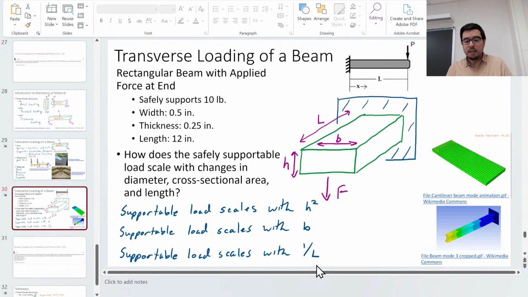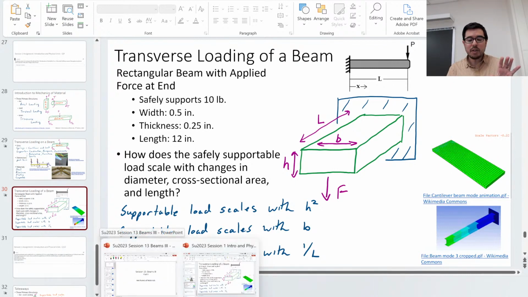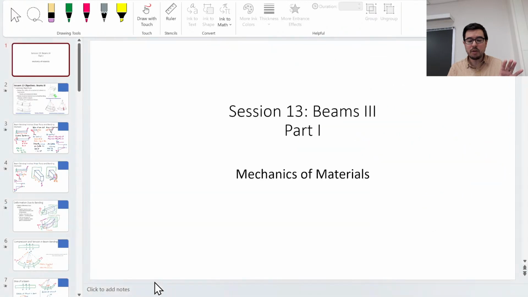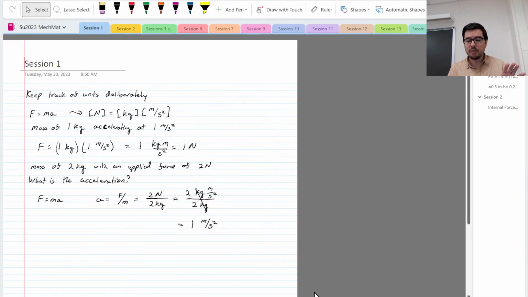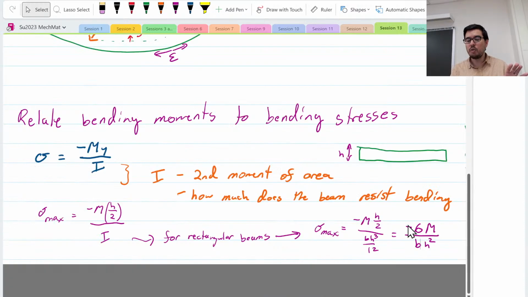Look, after today, and after you watch the videos, you will have derivations that show this. Once you get this relationship, and once you get I, and then we write this little bit of math, that's what we're seeing here. Look, the sigma max is what we're going to be comparing to the yield strength of our materials.